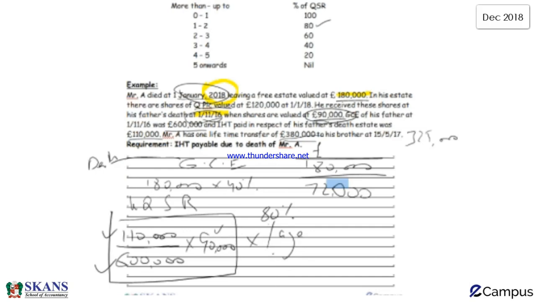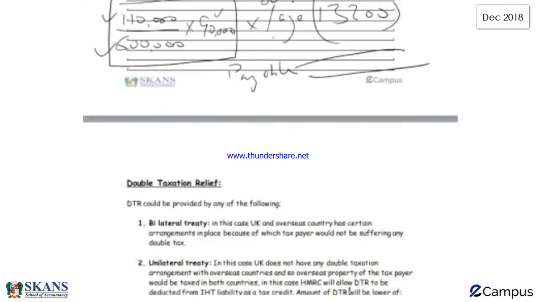So this will be the IHT on first death, which is 16,500, of which 80% is quick succession relief, and the remaining is the IHT payable. So hope you got an idea of quick succession relief.